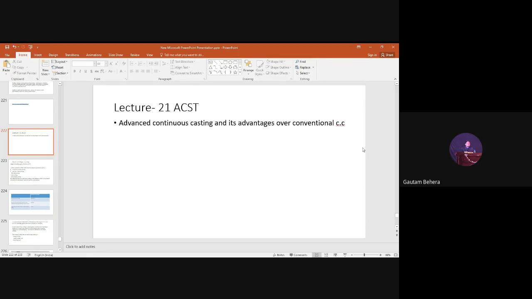And defects should be fewer. It should not contain any kind of defect like interior cracks or outside cracks. It should have good surface finish, and there should not be any casting defects like porosity.